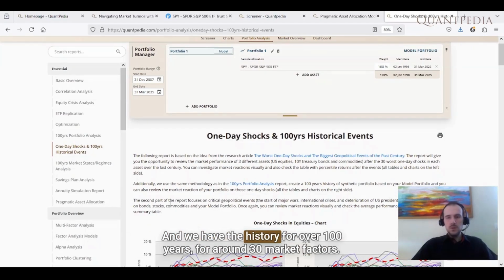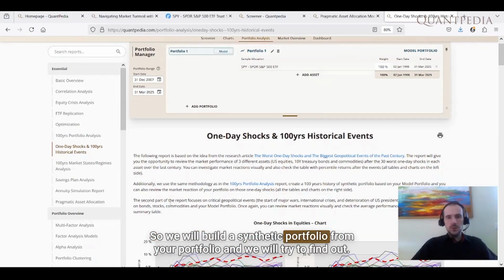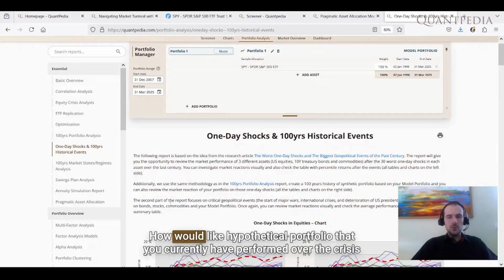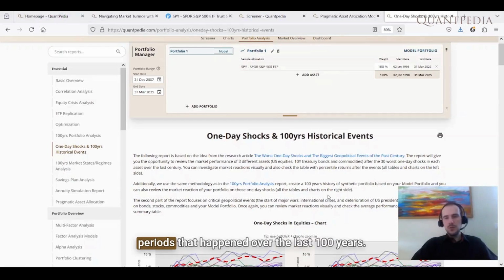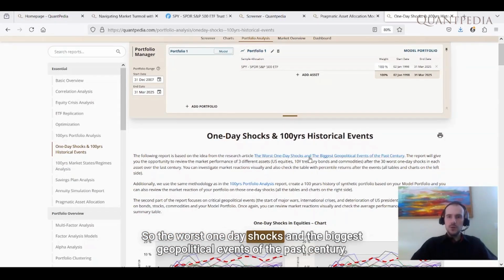We have the history for over 100 years for around 30 market factors. So we will build a synthetic portfolio from your portfolio, and we will try to find out how the hypothetical portfolio that you currently have would have performed over the crisis periods that happened over the last 100 years. So the worst 1-day shocks and the biggest geopolitical events of the past century.